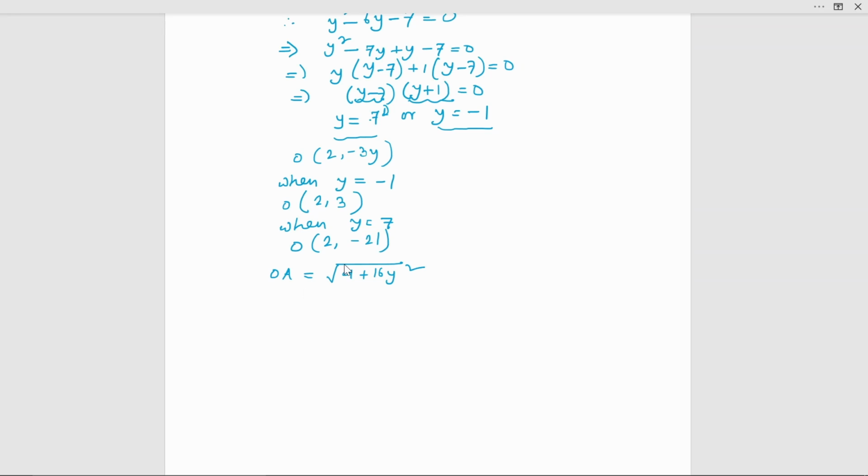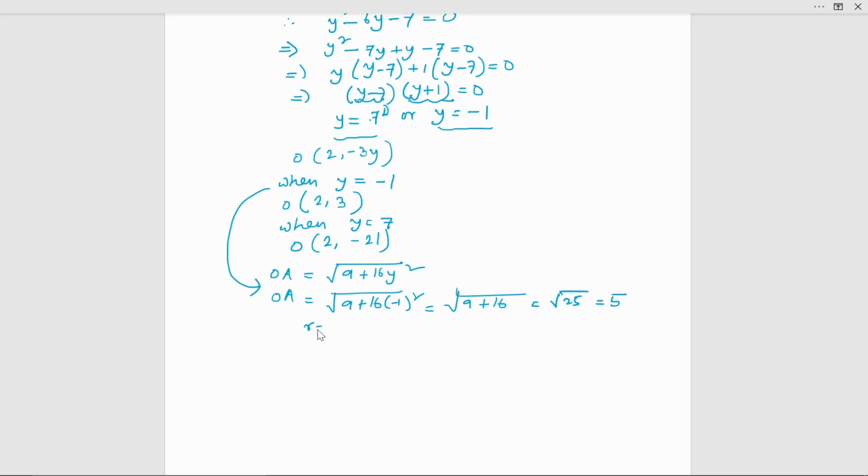So when y is minus 1, my radius will be the square root of 9 plus 16 into minus 1 square, which gives me 9 plus 16, that is 25, which will give me 5.